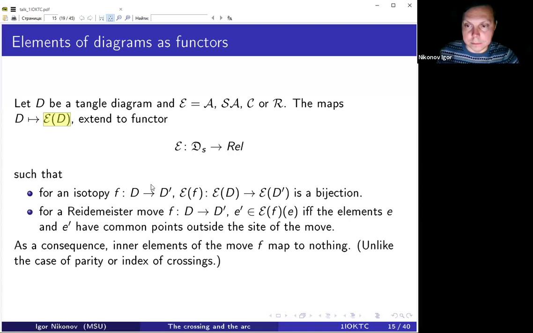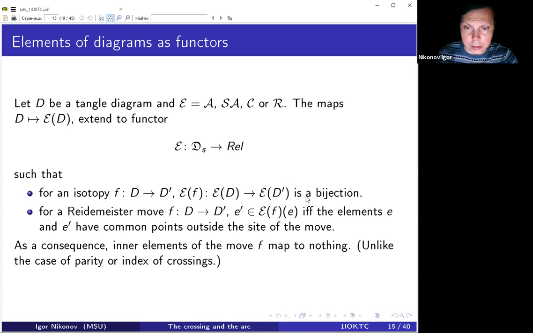If we have a morphism, it is either an isotopy or a Reidemeister move. For an isotopy, we have a bijection between the sets of arcs, crossings and regions of the two diagrams connected by a diagram isotopy.